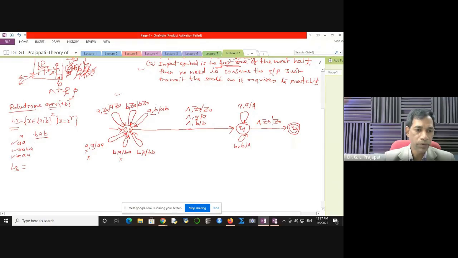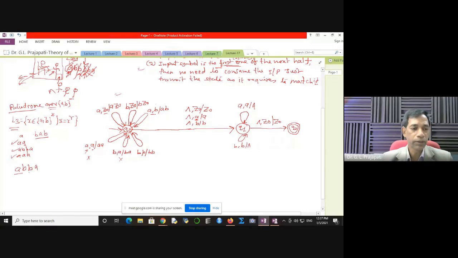So this is a more complex language of the Palindrome. What will you do for this case? This is not the case of just identifying the first half, just like in the case of the even length string, where you identified the first half of the symbols. So here you can have AB, BA.